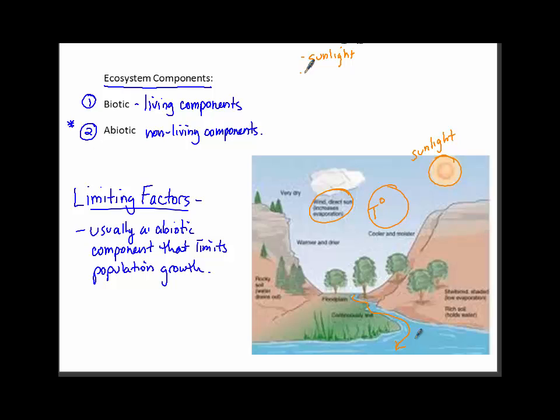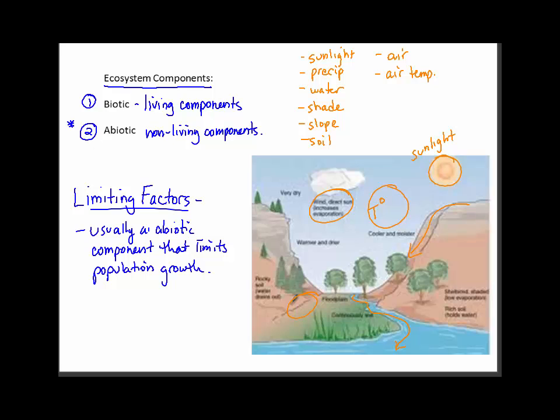The slope of the land is non-living. The rocks that are exposed to weathering and erosion that provide nutrients can become a limiting factor. The type of soil, the soil texture, the quality of the soil can become a limiting factor. So all kinds of non-living abiotic components of an ecosystem.